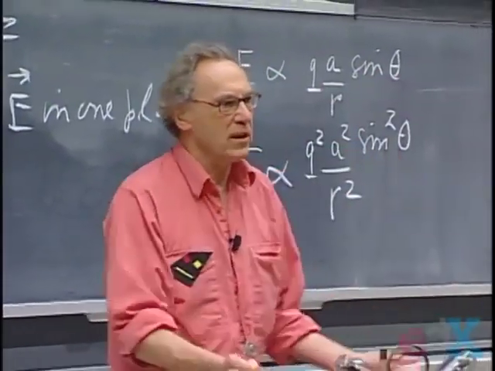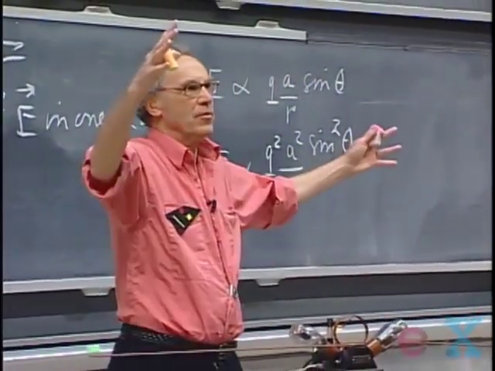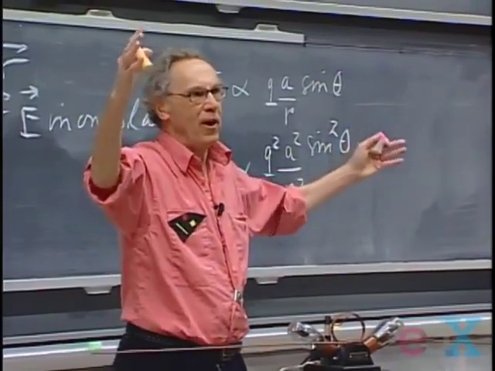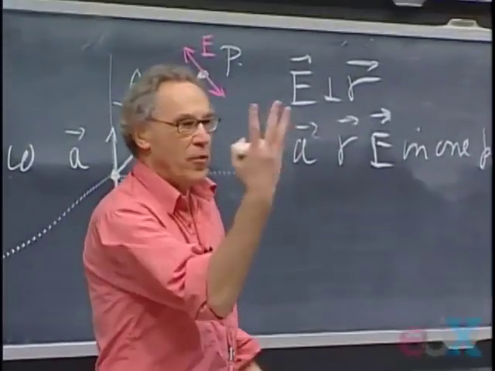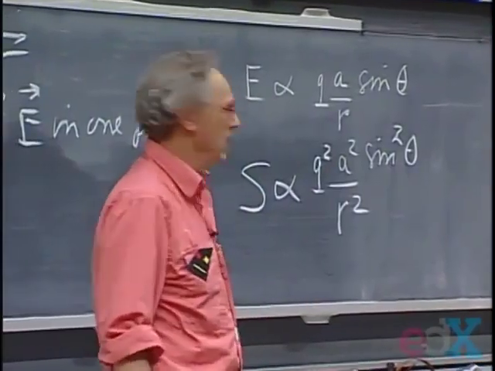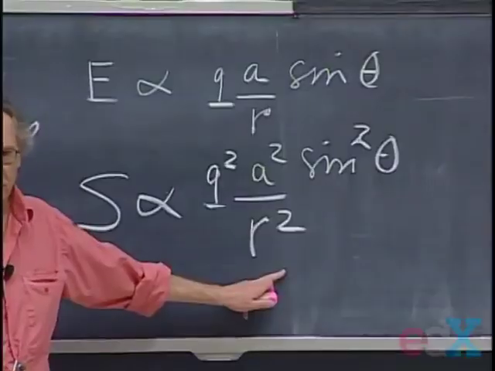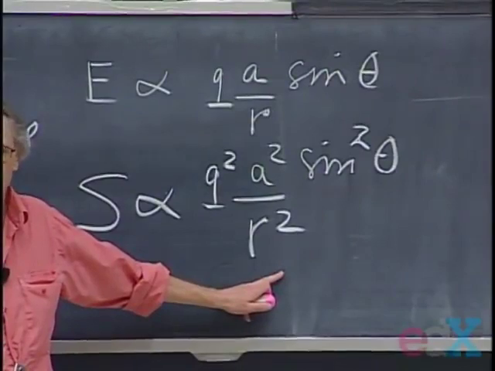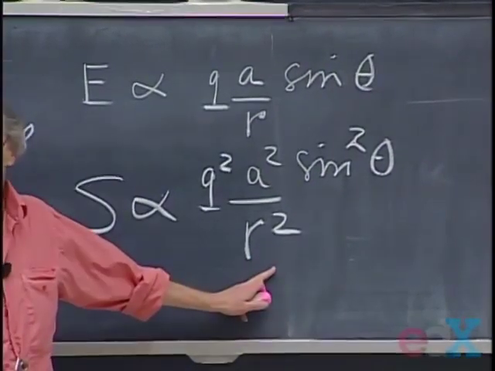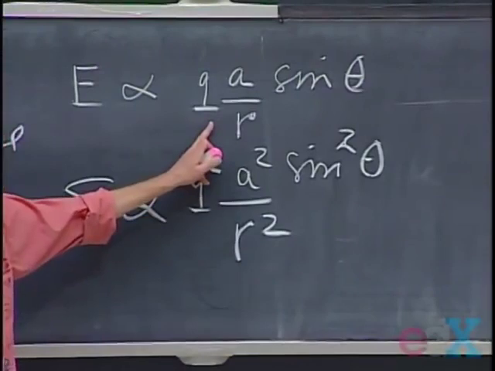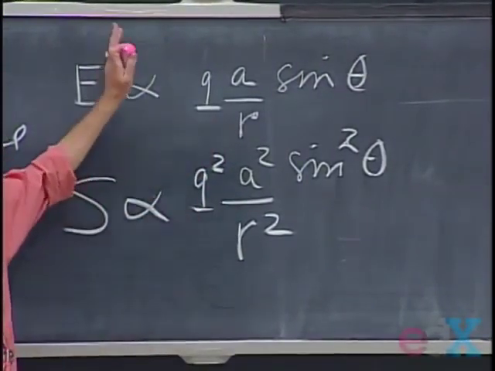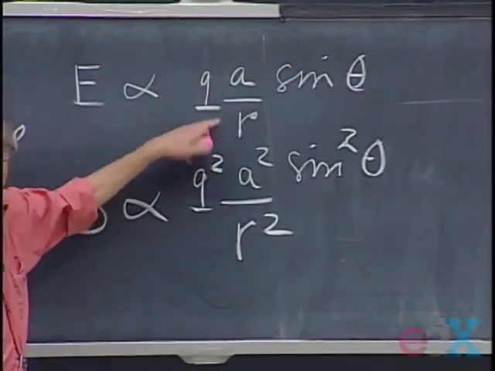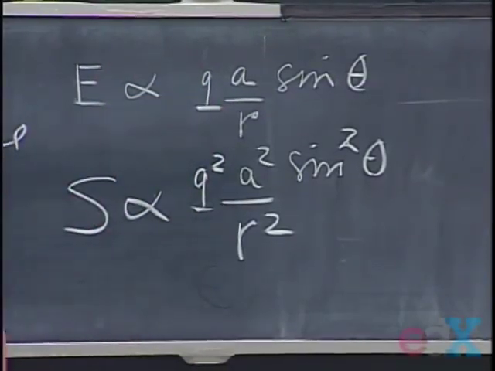Because if you have a sphere, and radiation goes out, and you're twice as far away, then you know that the area of the sphere is 4 times larger. And so the amount of power per square meter must be 4 times lower. So the Poynting vector must fall off as 1 over r squared. That's conservation of energy. And if you accept the fact that the Poynting vector falls off as 1 over r squared, then the E vector must fall off as 1 over r. Because the Poynting vector is the product of E and B, E and B must both fall off as 1 over r.